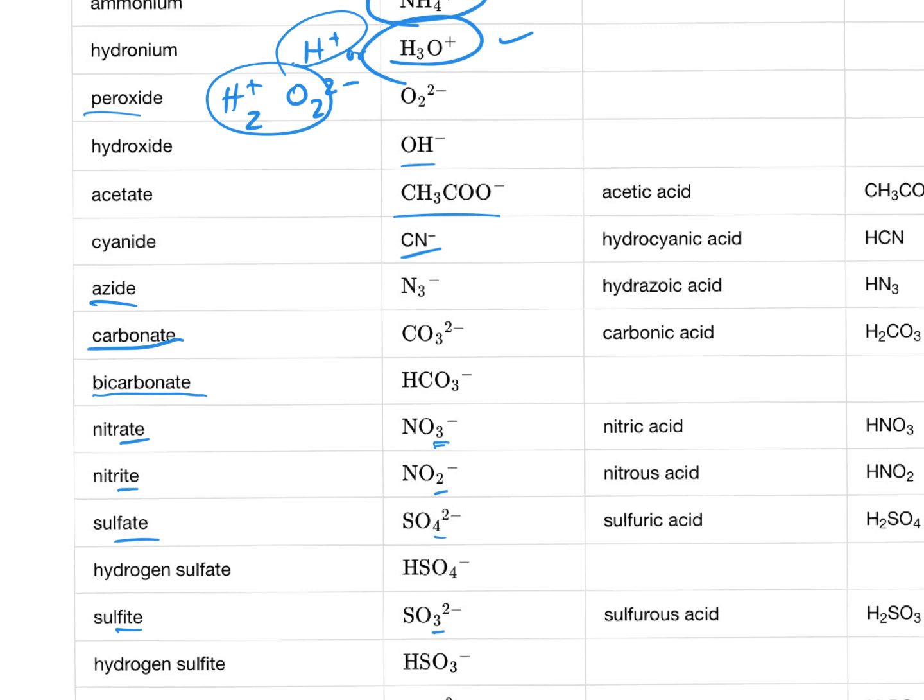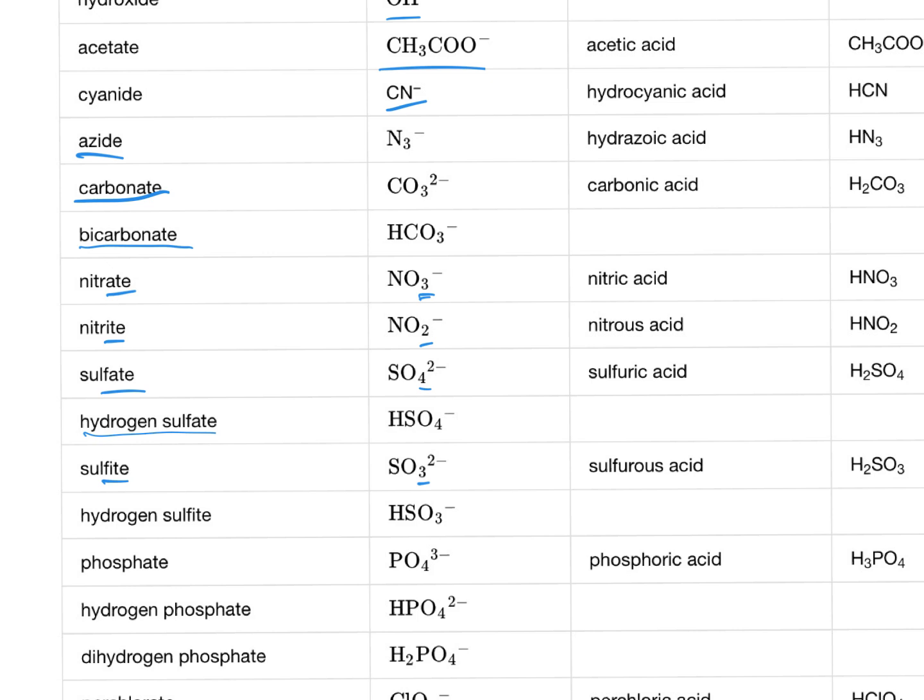You don't have to memorize them, they're right here. Hydrogen sulfate. Notice what happens in hydrogen sulfate and hydrogen carbonate or bicarbonate. H plus and CO3, so carbonate is CO3 2 minus. If you have a positive with a negative 2, it becomes a negative 1. And again, you don't have to memorize these, but I'm just showing you how it came to be.